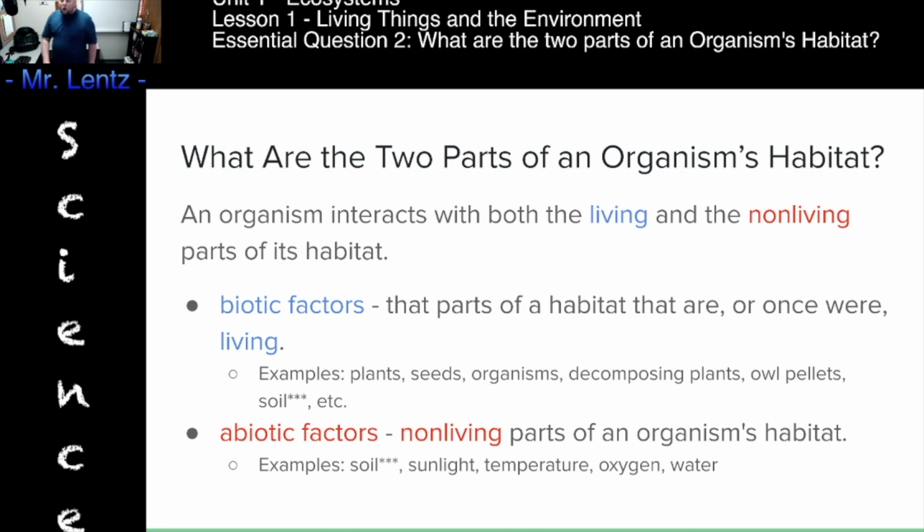And then others say, hold on a second, soil is in fact biotic because it's made from broken down, decomposed things. And you just kind of want to take scientist A and scientist B, and so it goes back and forth. Soil can be considered biotic or abiotic. It's like tomato versus tomato. You can make an argument either way.